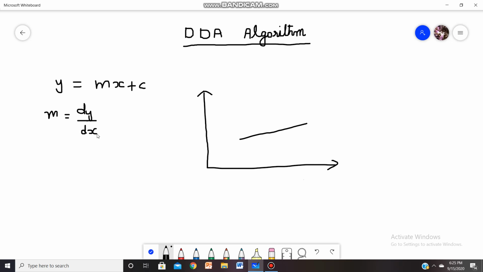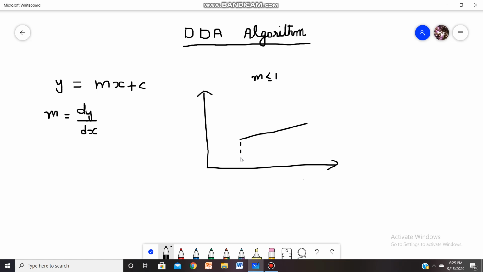Now I said we have the first point and the end point, and we have to generate the pixel positions in between. For that, we are taking two conditions, m less than or equal to 1 and m greater than 1. This is a line with slope m less than or equal to 1, so first case I am taking.